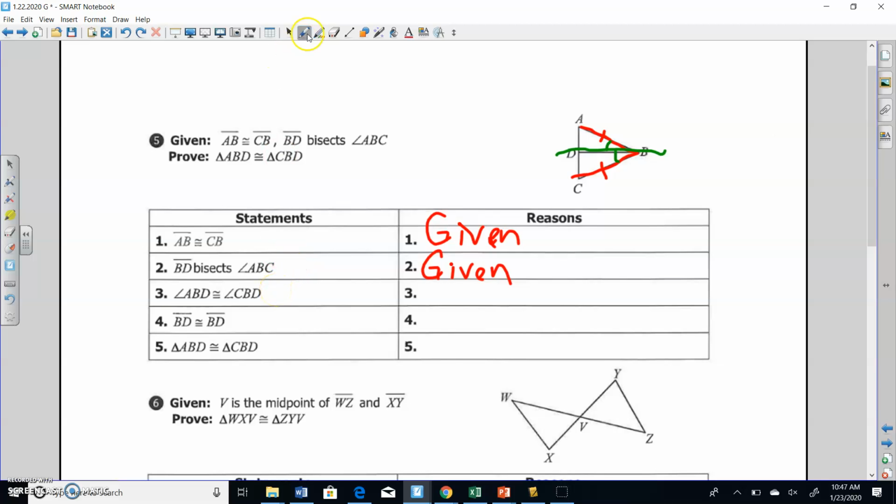And that's by the definition of angle bisector. So it's derived from a piece of given information. It's not specifically stated in the given, but it's derived from that piece of information in the given.